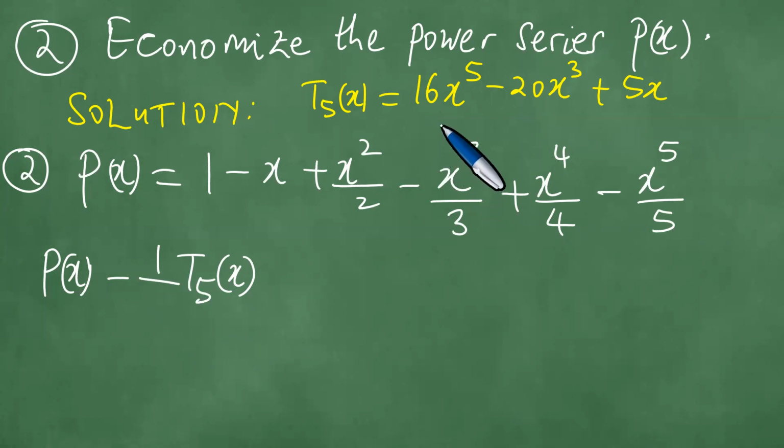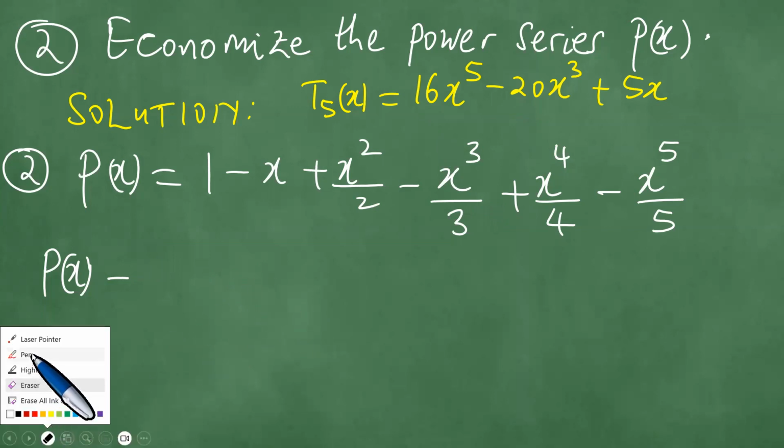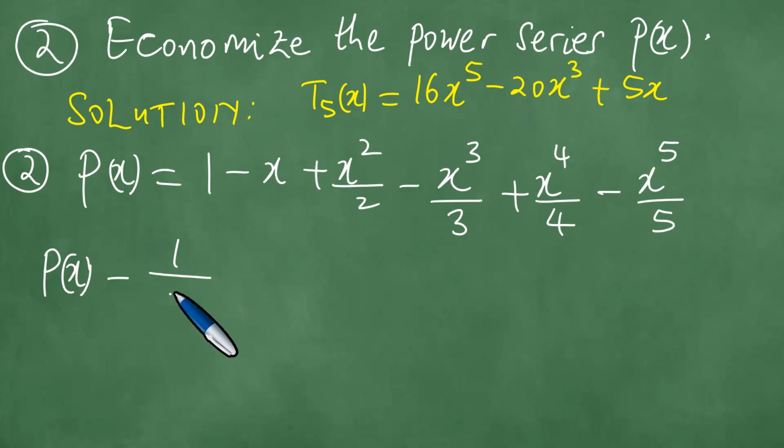If you multiply this one by 5, you can multiply it by 1 over 5 and then remove the 16.